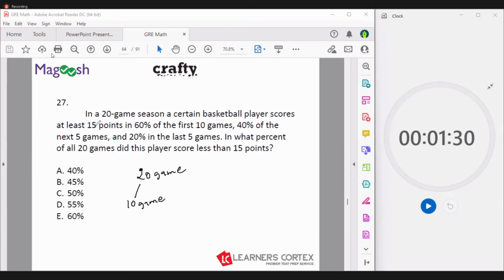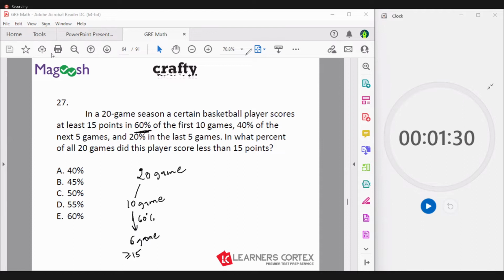So if it is saying at least 15 points in 60% of the first 10 games, now 60% of the first 10 games is 6 games basically. So the player is scoring at least 15 points in those.